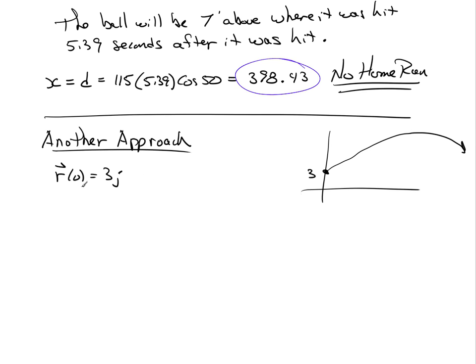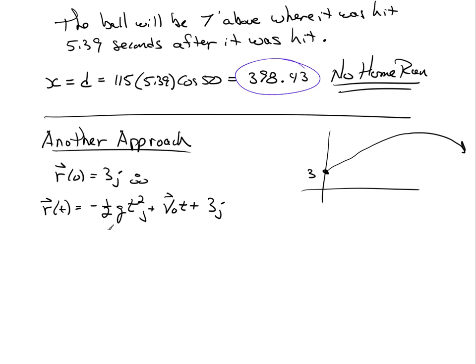Therefore, r of t equals negative 1/2 g t squared j plus v naught t plus 3j. Now remember, you have to go back a video or two to where we actually derived this.